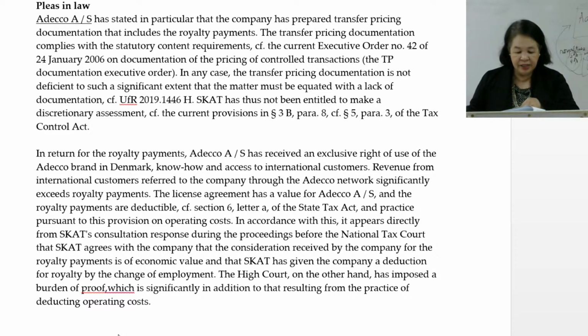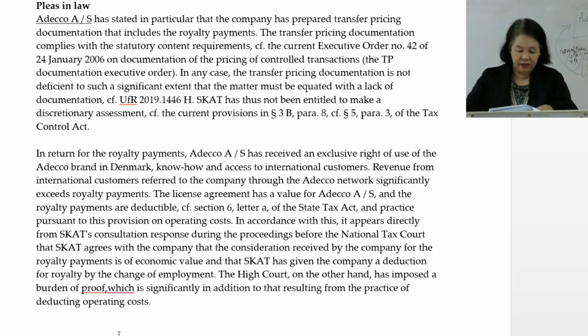In any case, the transfer pricing documentation is not deficient to such a significant extent that the matter must be equated with a lack of documentation. No? SCAT has thus not been entitled to make a discretionary assessment. The current provisions in 3B, paragraph 8, no?